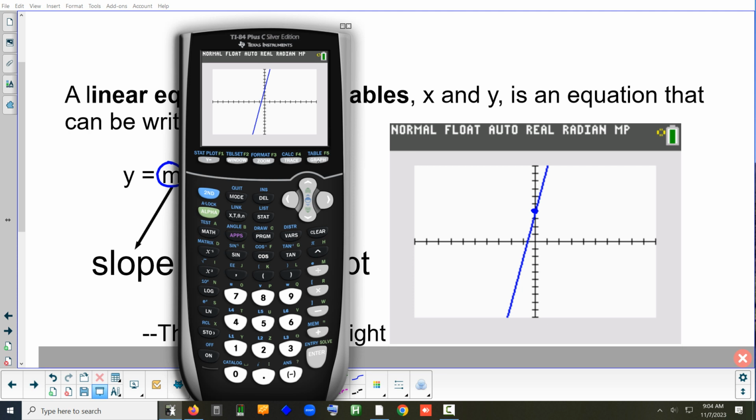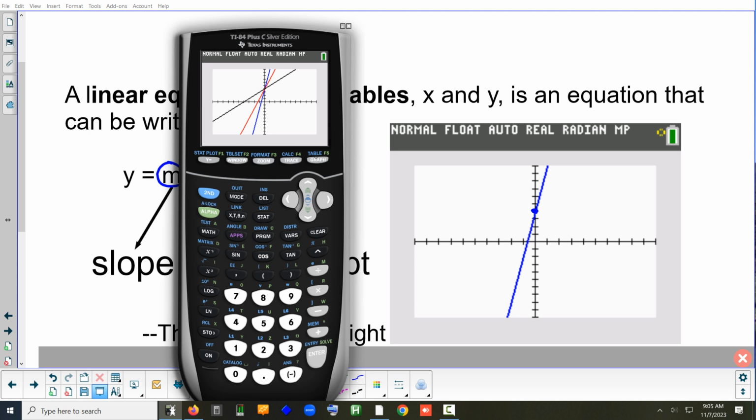So it still is going to cross at the same spot, but now it's not quite as steep as the other one. It's more tilted. The smaller we make that number, the more tilted it becomes, and eventually we could even make it horizontal. Okay, but that plus 4 is always going to control where it crosses the y-axis.